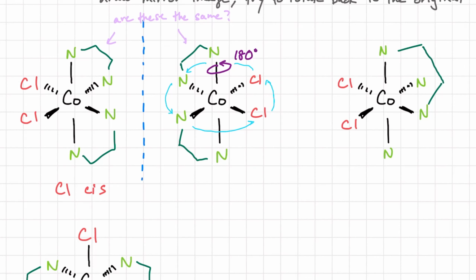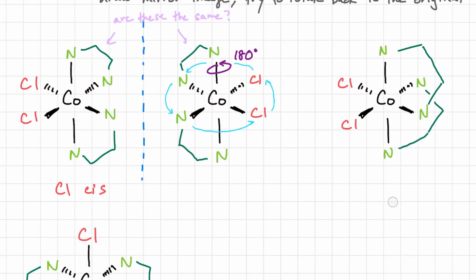So that kind of leaves us with one option, that these two nitrogens are linked together. That was not my best drawing of it, but I hope you get the idea. Maybe I'll just do something like this. You might be like, why are you drawing it with a bend?